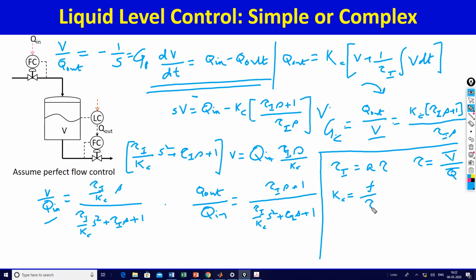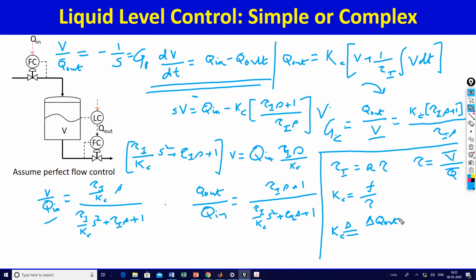To get further clarity, let's look at a proportional only controller. Kc would be by definition the change in Q out that you make at steady state, initial versus final.